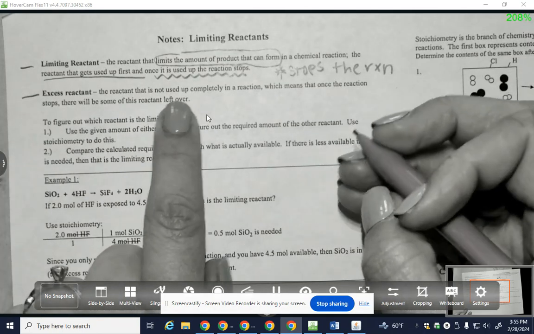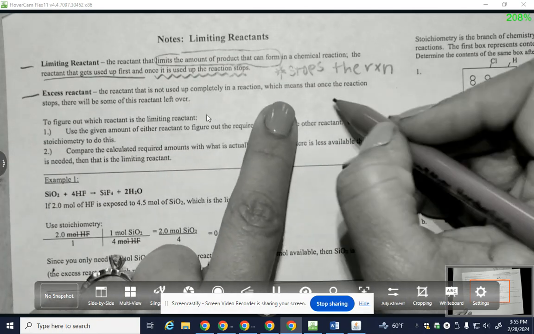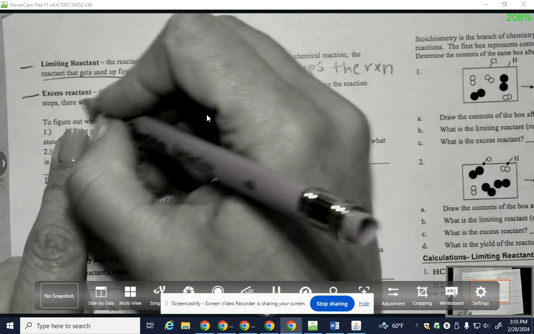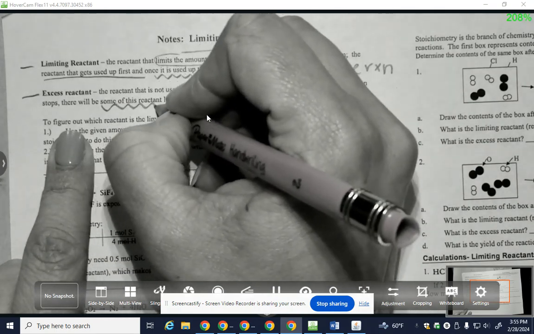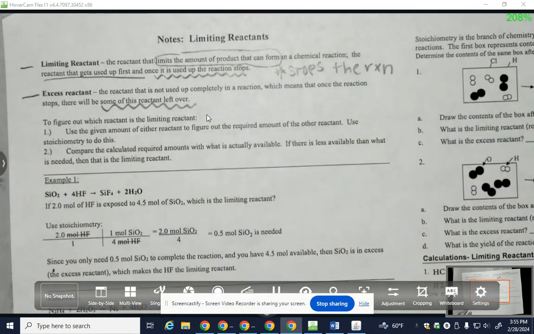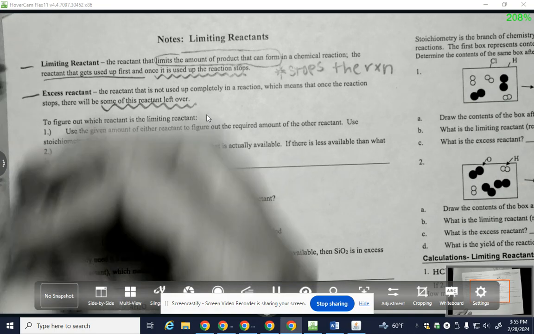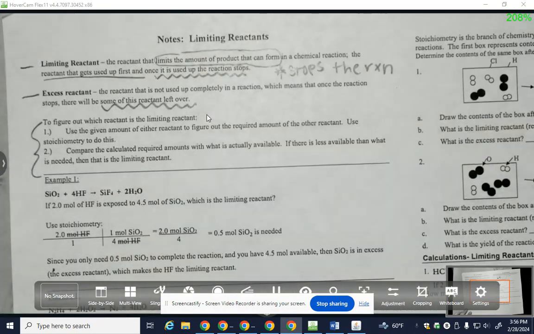This is the one that is not used up completely in a reaction, which means that once the reaction stops, there will be some of this reactant left over. And we like to ask you how much is left over.